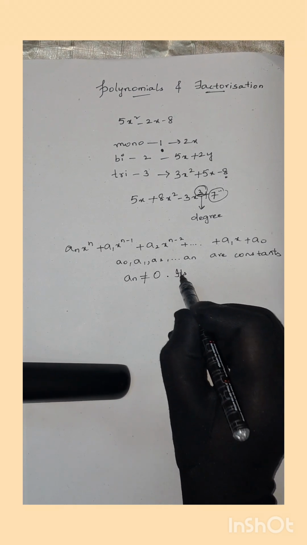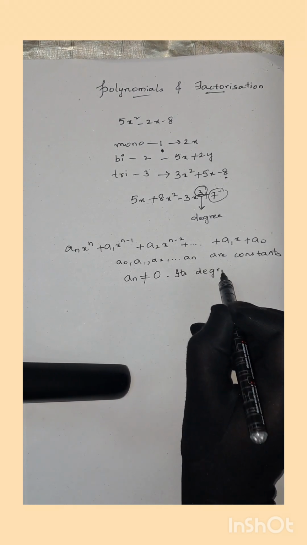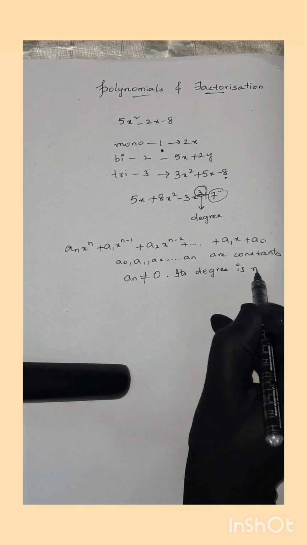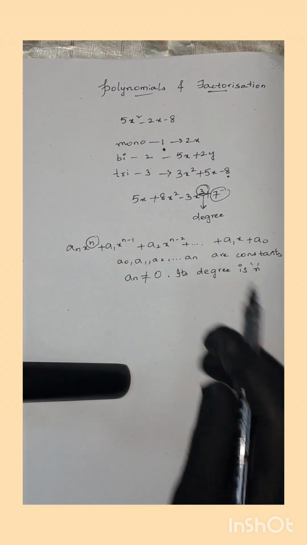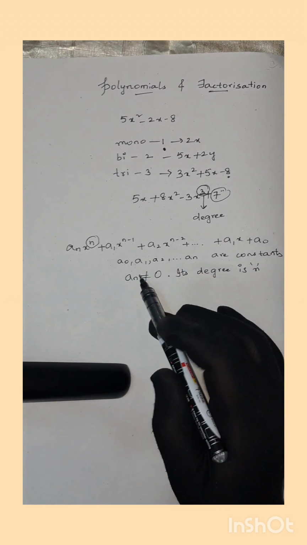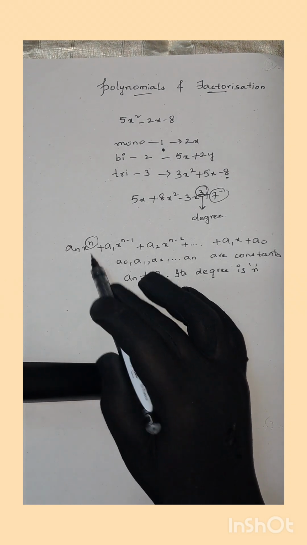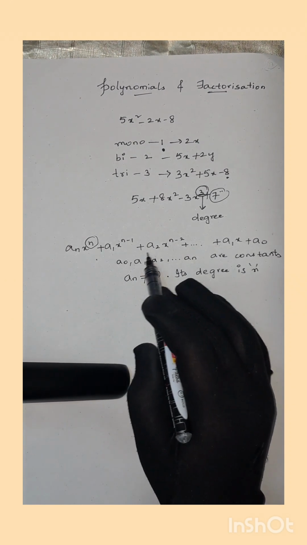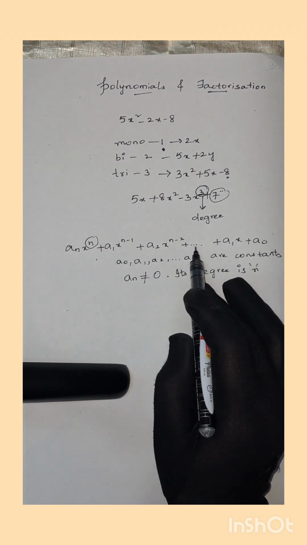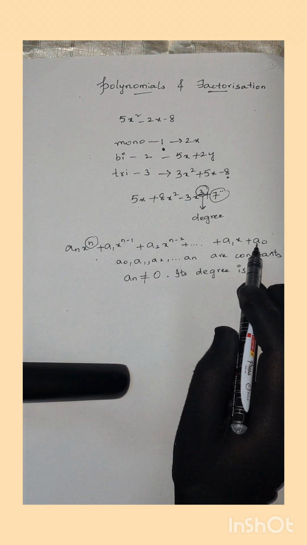So what is the degree of this polynomial? Its degree is n, which is the highest degree of the polynomial. So this is the general form of the polynomial.